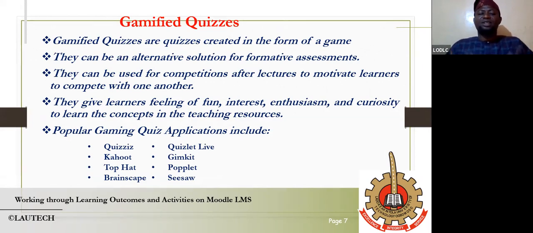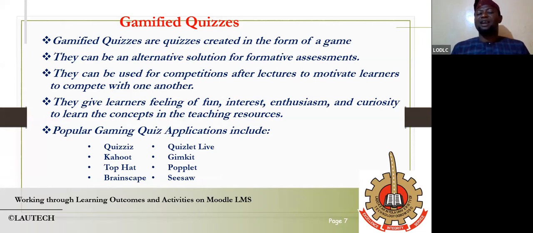So it's just to create fun for students. Students will learn through this gamified quiz in such a way that they will feel the enthusiasm, the curiosity, that is the fun embedded in that particular learning experience.